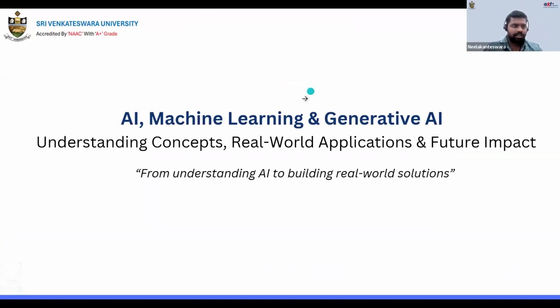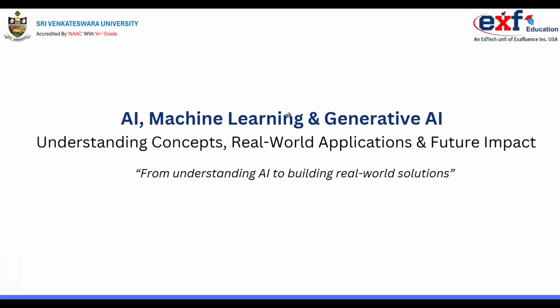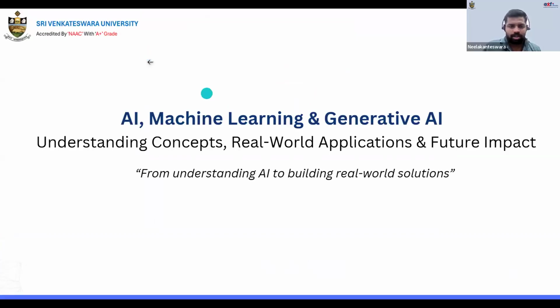Good morning all once again. Now we continue this session, and we discuss AI, artificial intelligence, ML, which is machine learning, and generative AI, what exactly it is. It is not only about theoretical concepts or definitions.